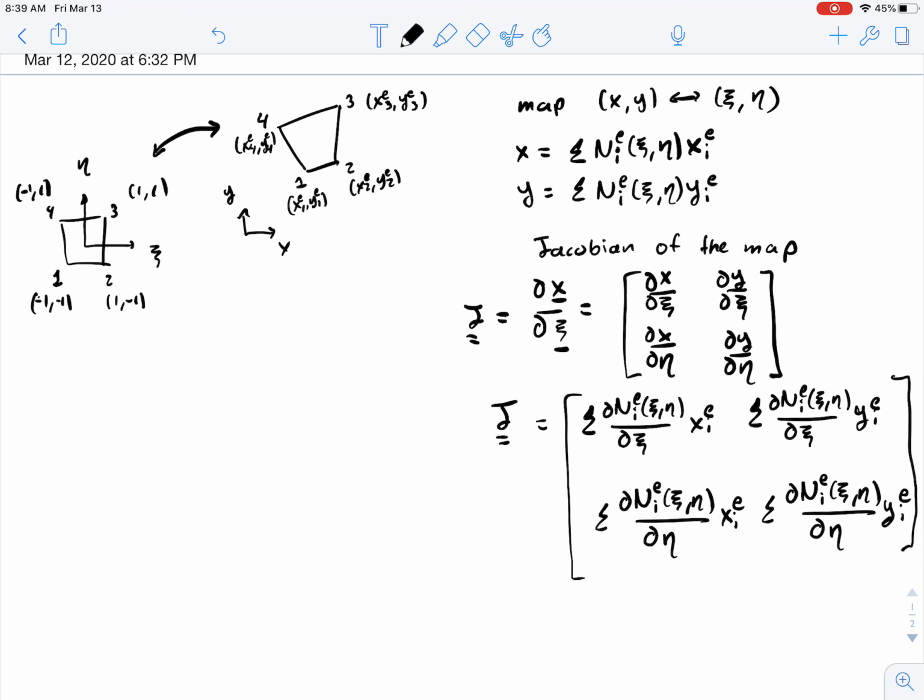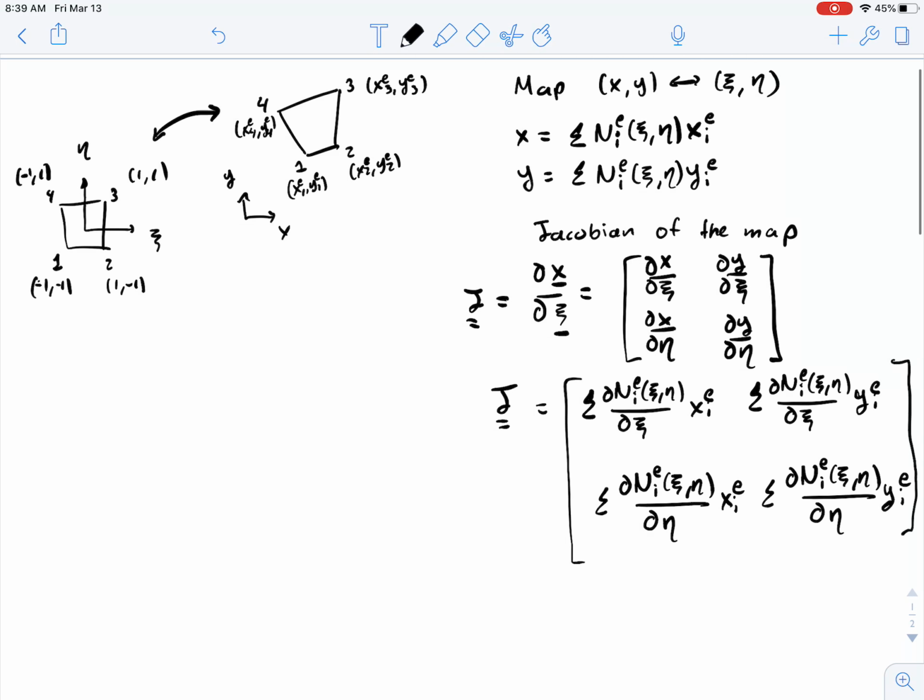So that's on one hand what we have, and this is called the isoparametric map. Now, suppose that I have a function that I want to interpolate over the domain. And usually we have been using theta.